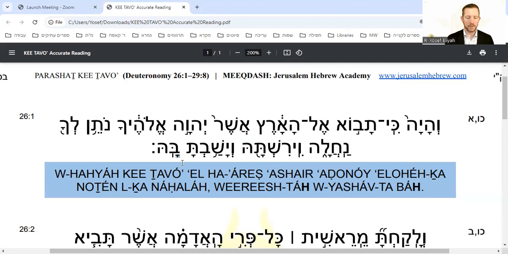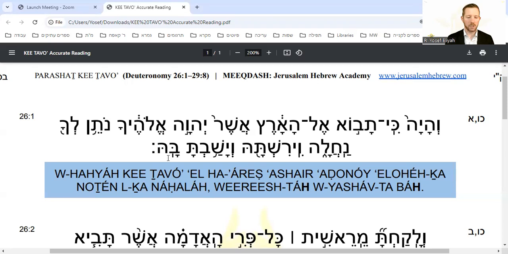For example, you see the vowel kamas under the bet. You should pronounce the kamas vowel before the consonant H of this he with a dot, which is called mapik. You pronounce the letter B with the vowel of the kamas, then the H consonant sound of the mapik, and no vowel should follow that H sound.